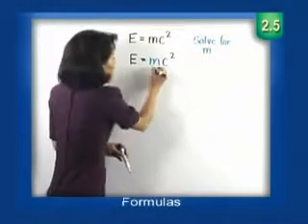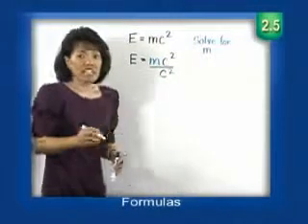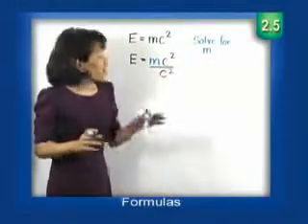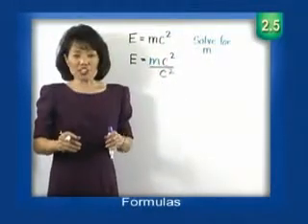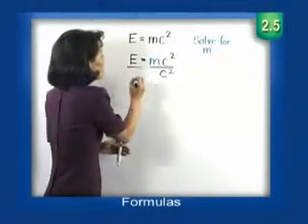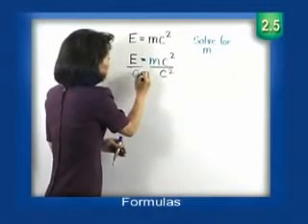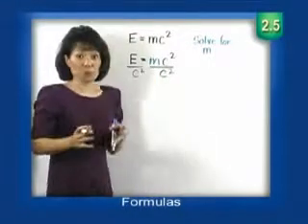So in this case, I'm going to divide this side by c squared to eliminate it, but we also learn that whatever we do to one side of the equation, we're going to do to the other. So in this case, since we divided the right-hand side by c squared, make sure you divide the left-hand side by c squared as well.